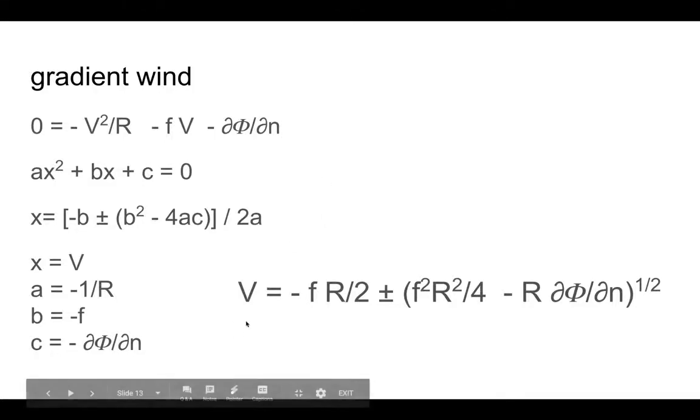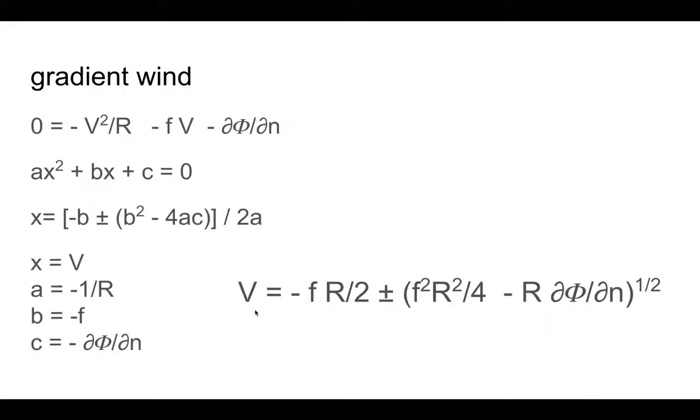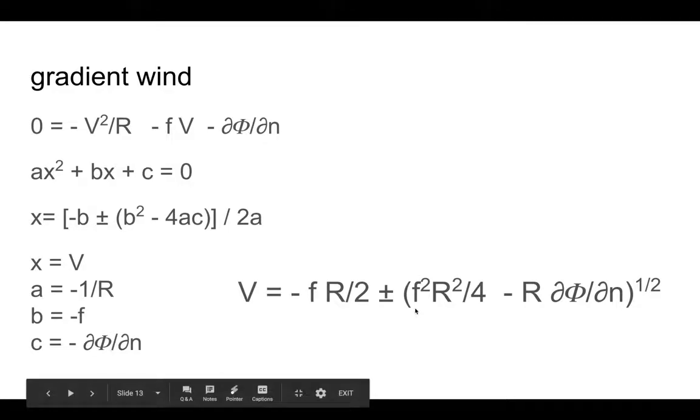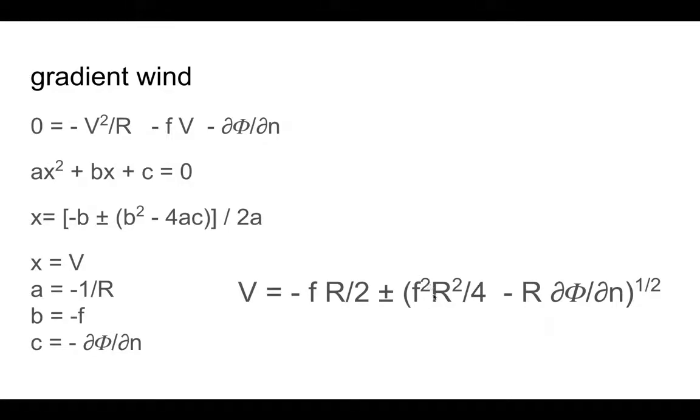So we can plug those in and solve for the gradient wind. So v is equal to minus fr over 2. You can see they've basically combined minus b and divide by 2a. And then plus or minus the square root of f squared r squared over 4 minus r times d phi dn.